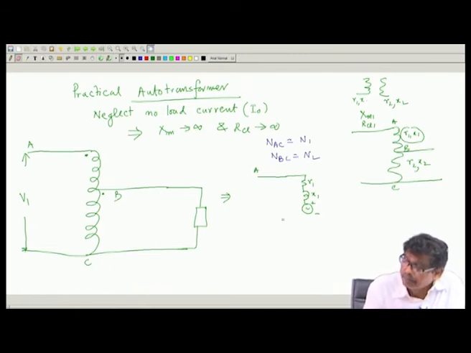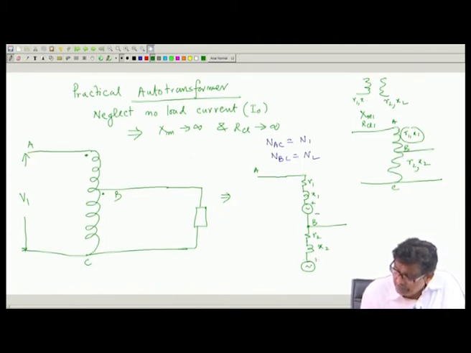Now, I reach up to point B. This is the point B, and then I will draw R 2 and J X 2, you understand it is R 2 and J X 2, and then there will be another induced EMF in this portion.